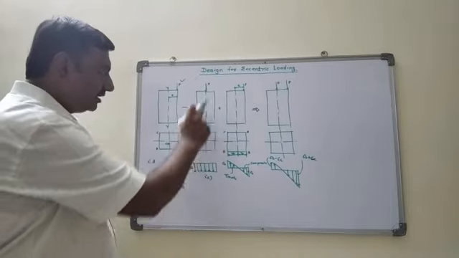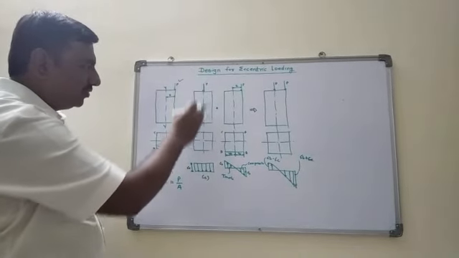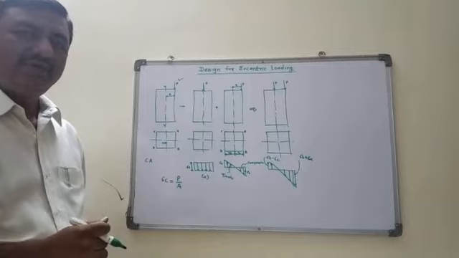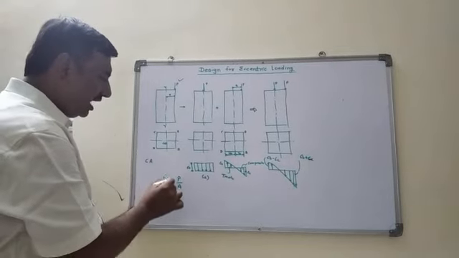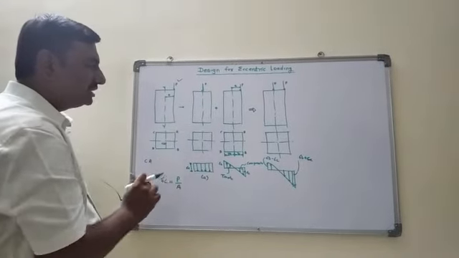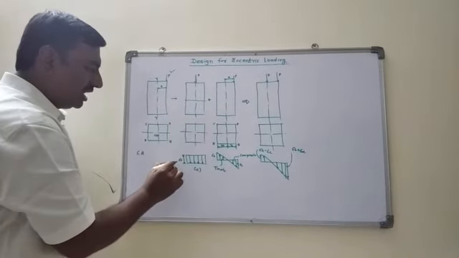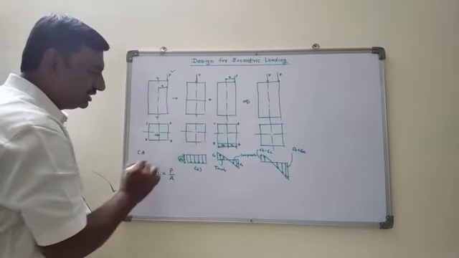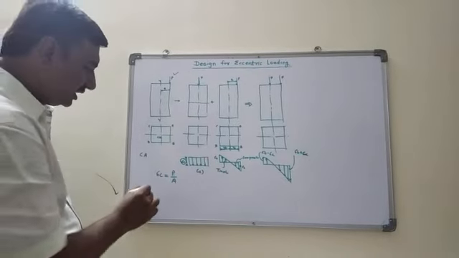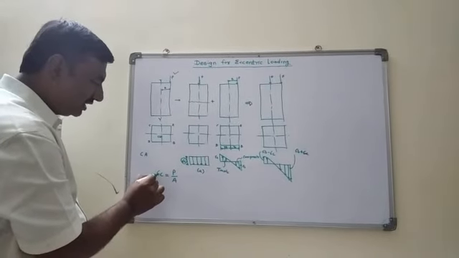For this figure, when the P acts coinciding with the centroidal axis, compressive stresses are developed across the cross section of this rectangular strut, and the magnitude of the compressive stress is obtained by using this equation.